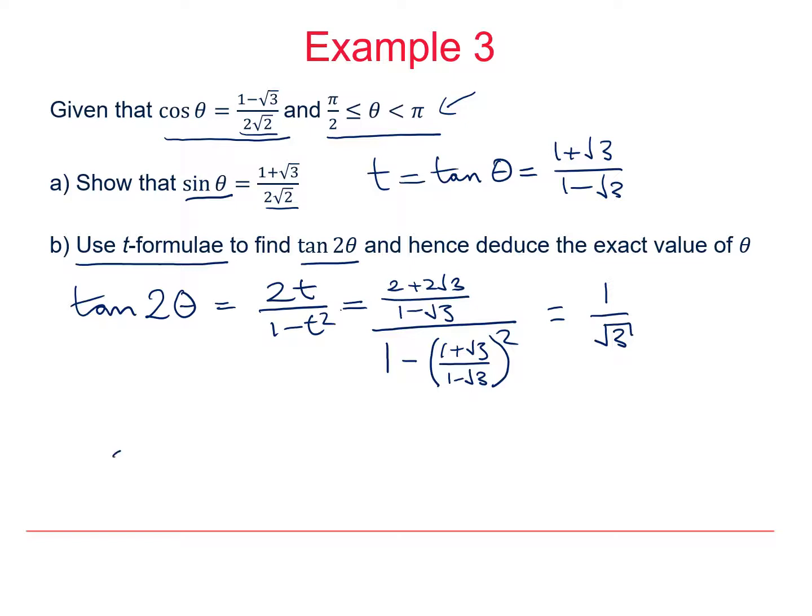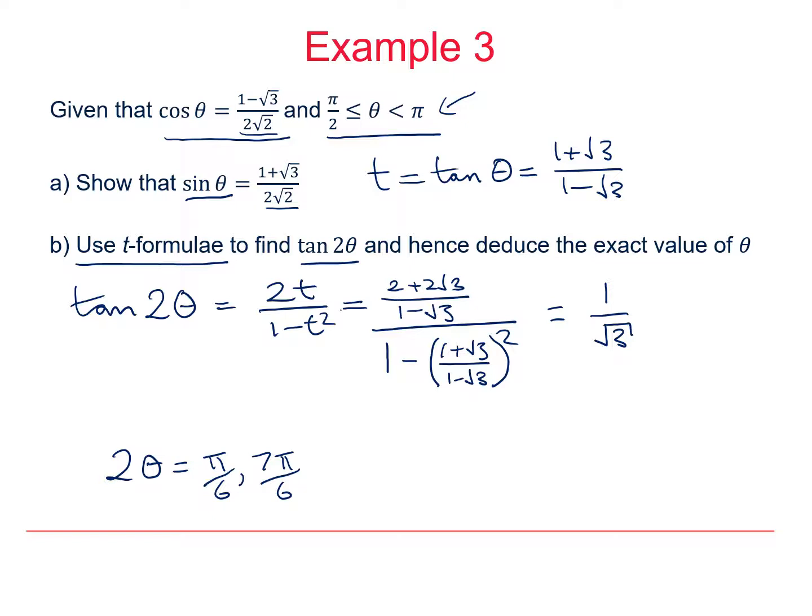So that means that 2 theta is going to be pi over 6 and 7 pi over 6, and keep on adding pi for all the ones beyond that. So that gives us all those solutions. Now we're told that theta itself lies in the range pi over 2 to pi.